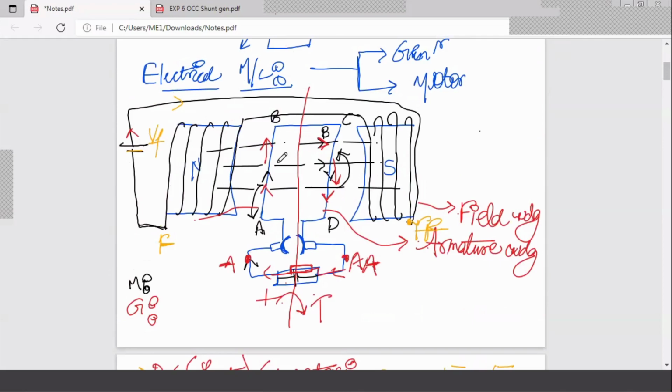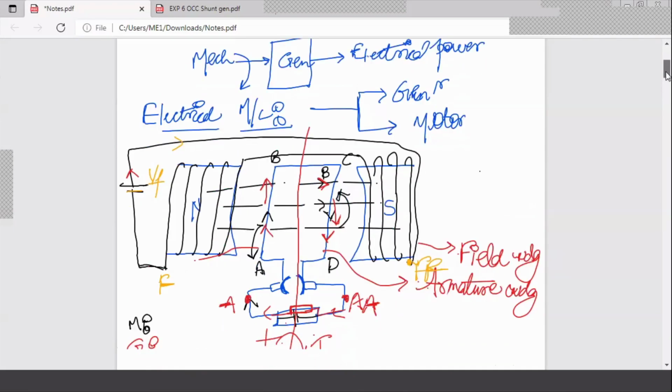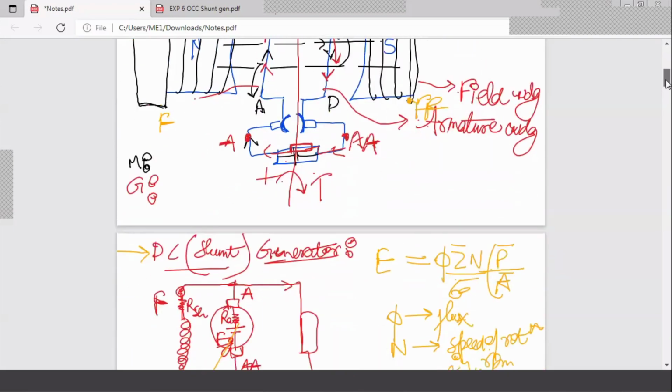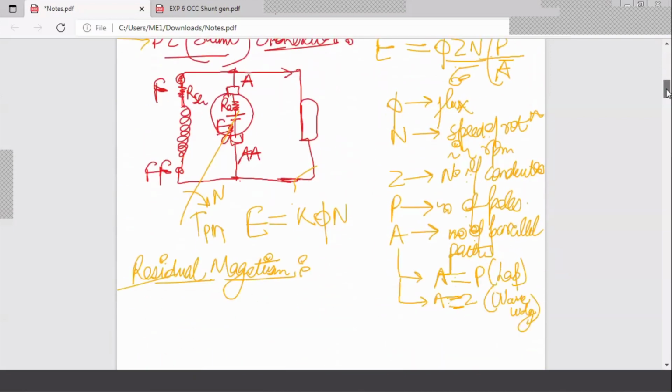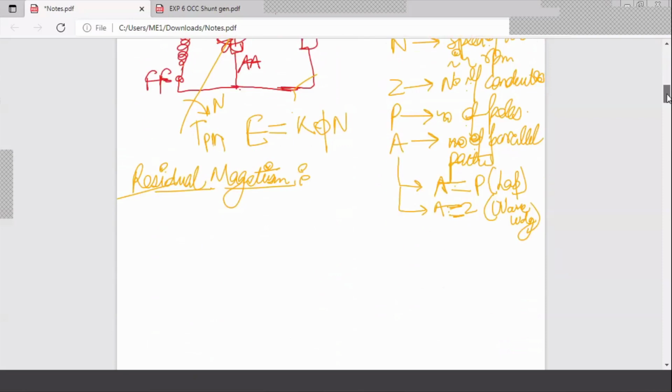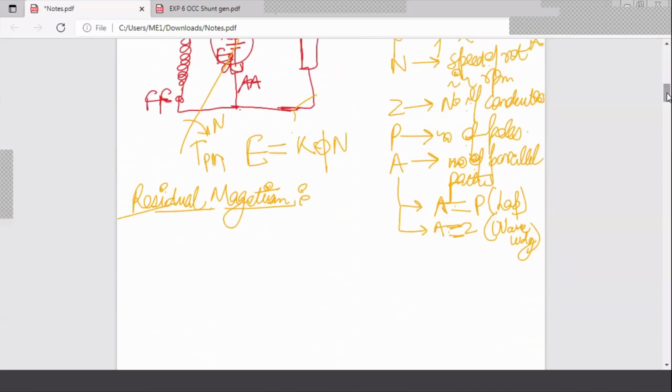The flux which is being produced by the source will become zero, but this magnetic core, these are magnetic materials, right? So inside this there are some dipoles which are being formed, and these dipoles have some direction. Even though the total excitation voltage is removed, there are still some dipoles aligned together in a particular direction, which will lead to a small amount of residual magnetism.